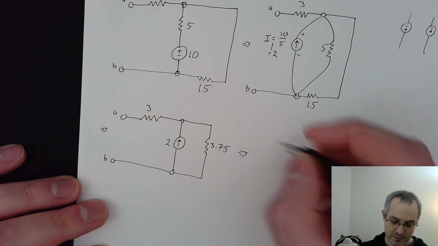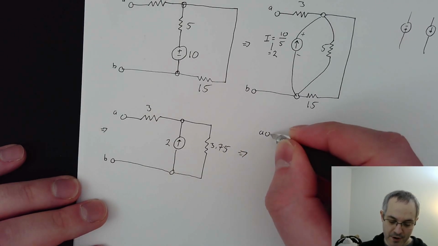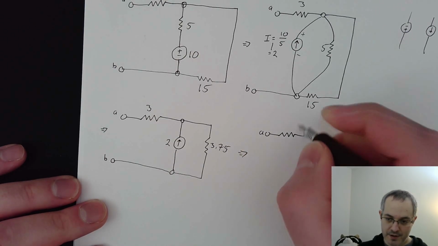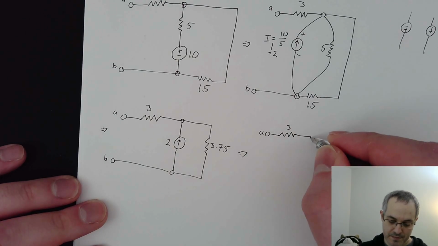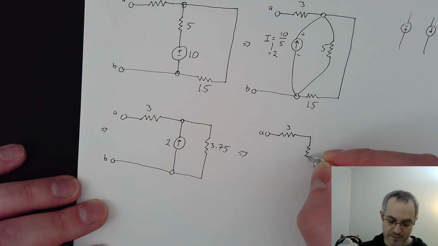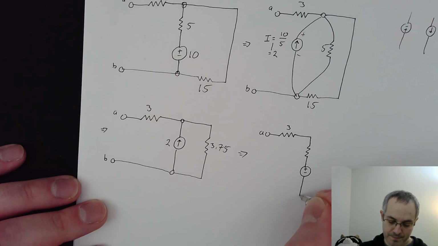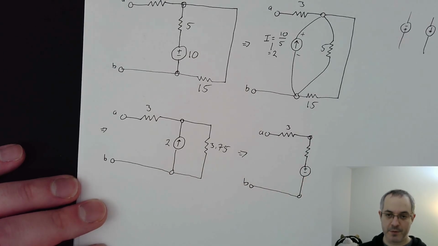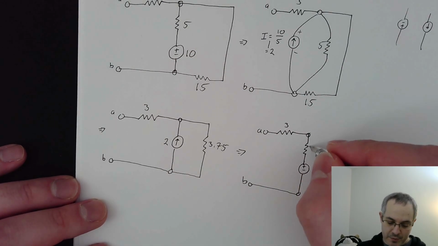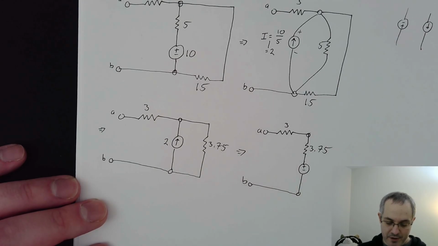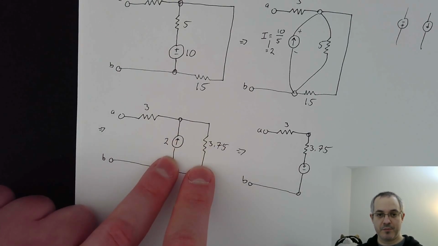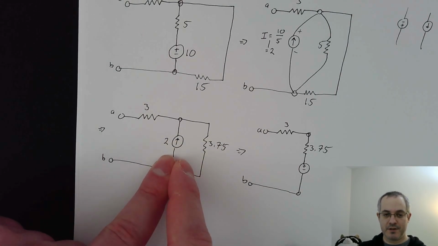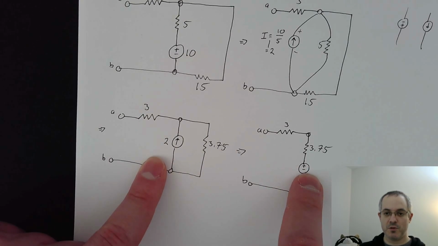So if we source transform that, node A, 3, resistor, voltage source, B. Oh, I didn't draw the little circle there. There we go. So this will be the 3.75, and you see all we did there was we just took these two that are in parallel, smushed them together in a single line, and turned it into a voltage source.